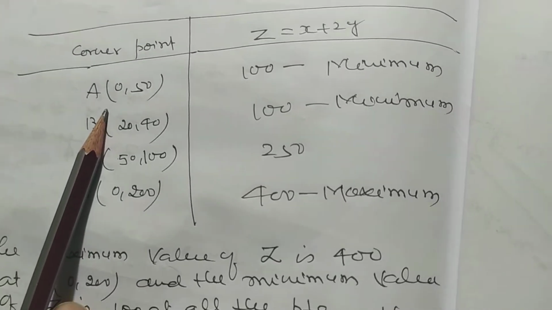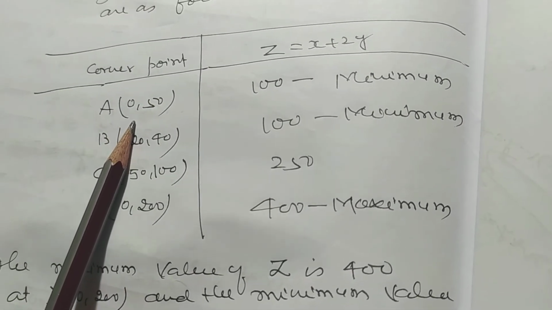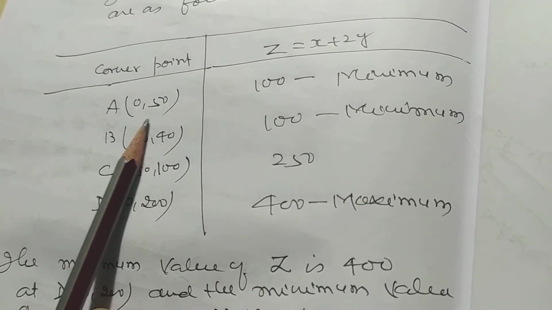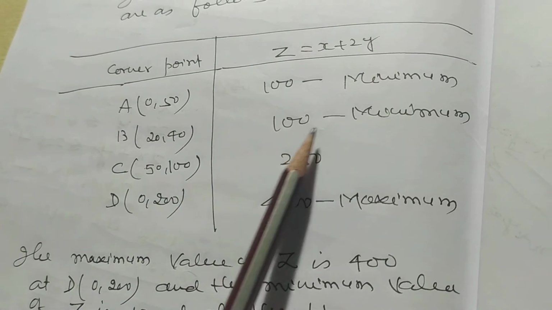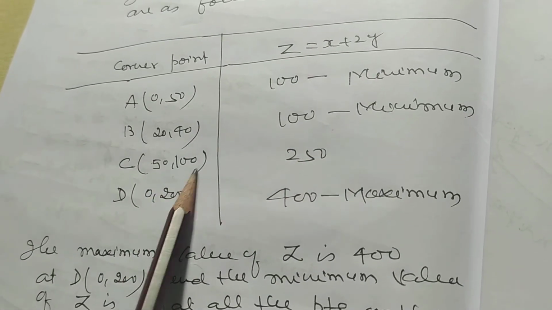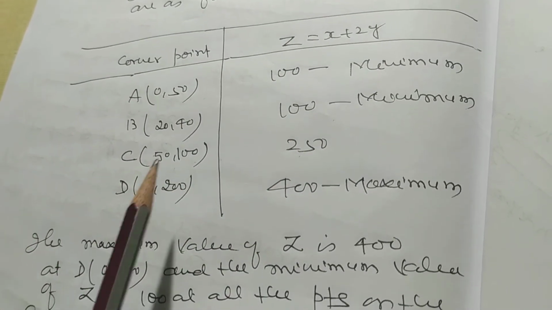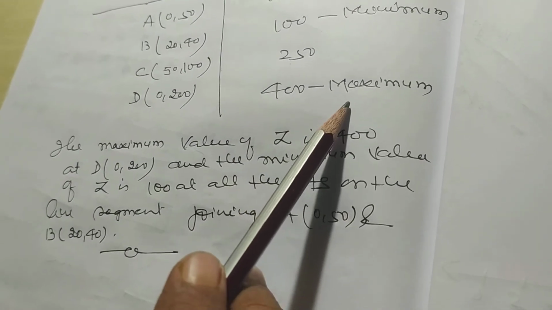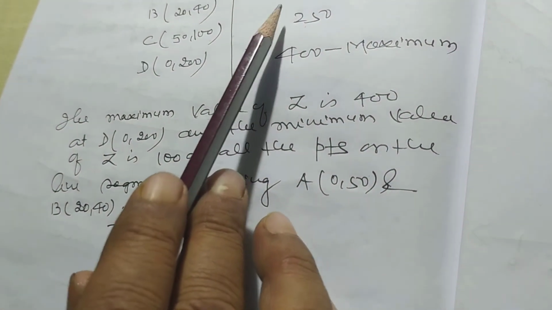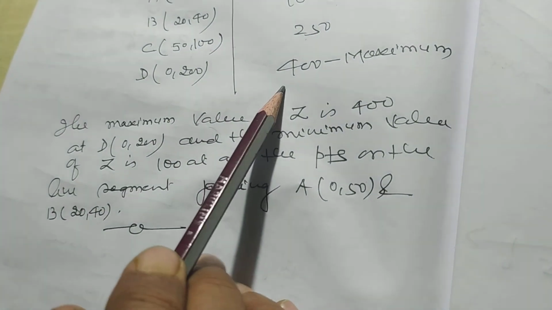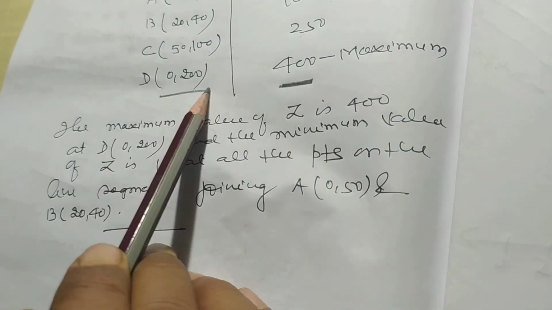By putting the coordinates of A 0, 50, we have 100; B 20, 40, we have 100; C 50, 100, we have 250; and D 0, 200, we have 400. So there are two minimum points, A and B, and the maximum is at 0, 200.